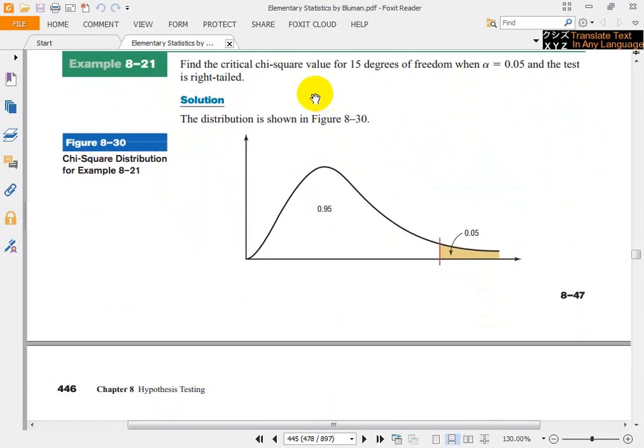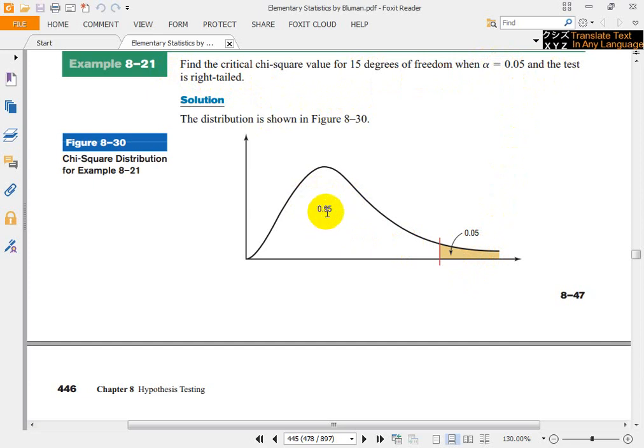Okay, find the critical chi-square value for 15 degrees of freedom when alpha is equal to 0.05 and the test is right-tailed. So we are having alpha equal to 0.05. Here the rest part, that is 0.9500, will be in the non-critical region. Please try to listen to me.